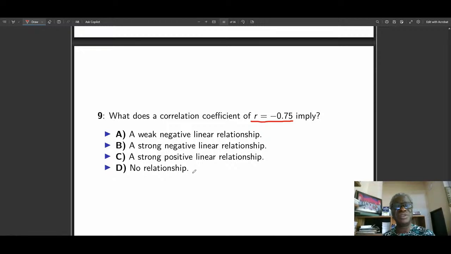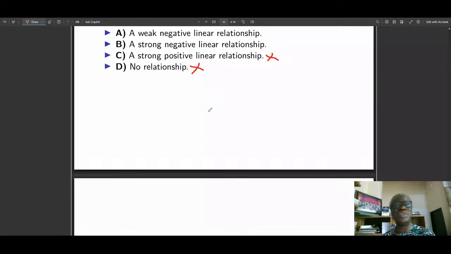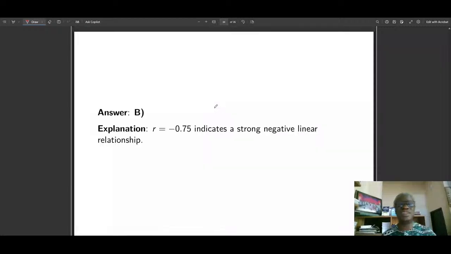We can first of all rule out this one because R is negative, not positive. Then we are left with two. Is it weak? No. Is it strong? This is very close to minus 1. So the correct answer in this case is B, a strong negative linear relationship.